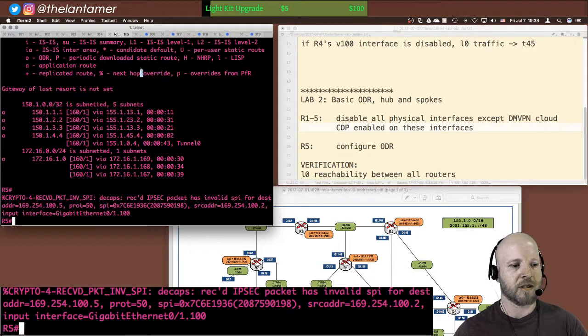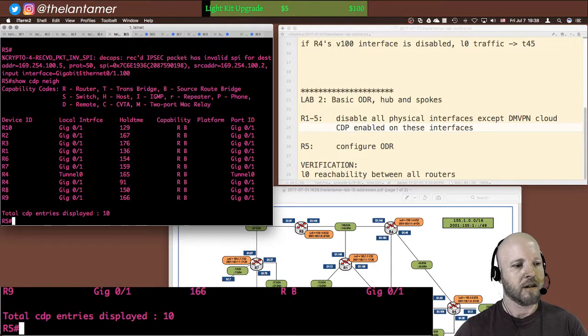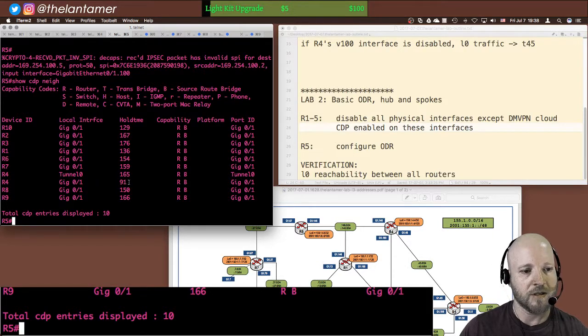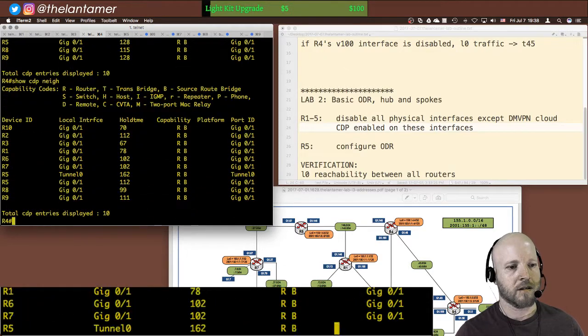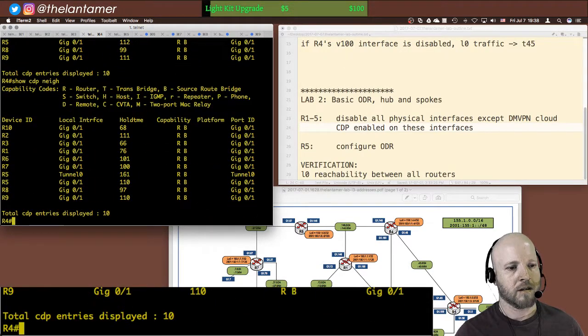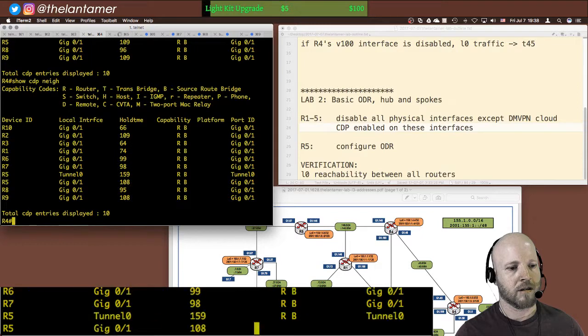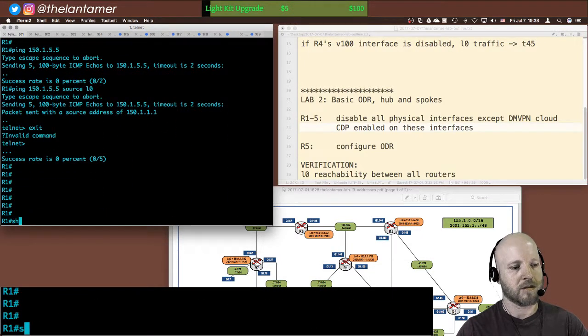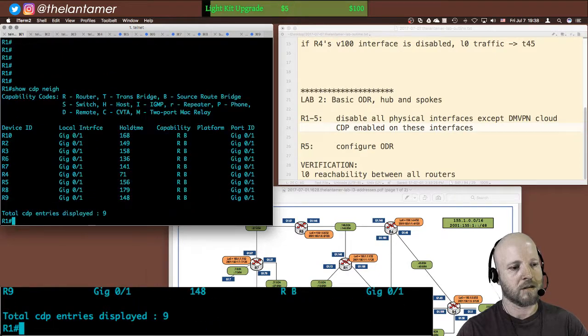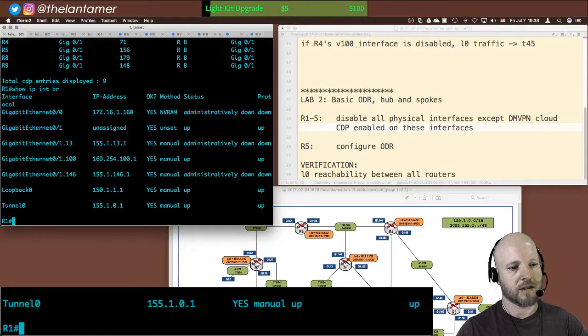If I do show CDP neighbor here, yeah, see now from R4 I'm getting tunnel 0. That should go away. You do it on these other routers too. Nothing on tunnel 0 right now.